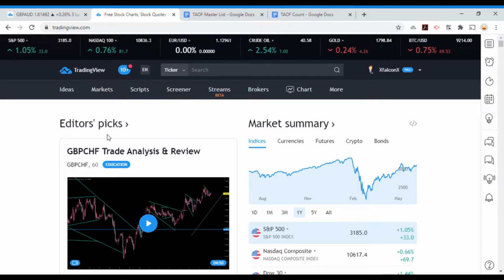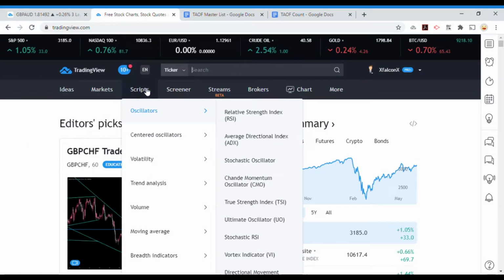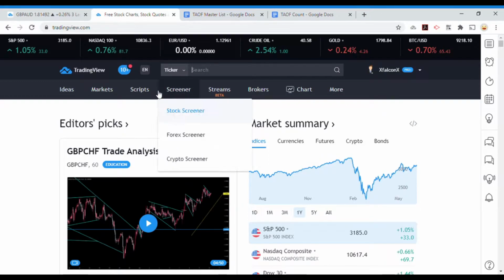So, one of the things that I absolutely love about TradingView is that it is a wealth of information and knowledge. So when you first log into your TradingView platform, this is the screen that it brings you to. You can go to your charts and you can pick, from the little drop-down menus here, and you can explore the entirety of the TradingView platform.